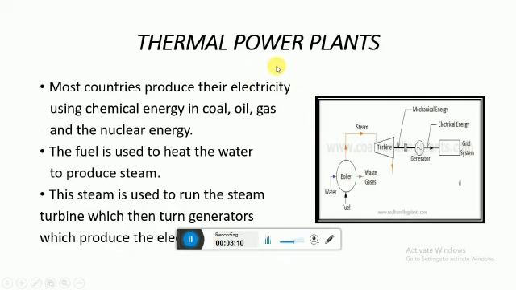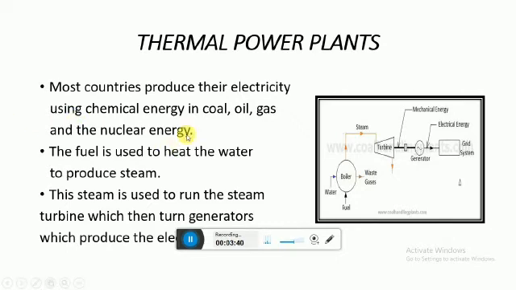Now, thermal power stations. Most countries produce their electricity using the chemical energy in coal, oil, and gas. Nuclear fuel also has energy stored in it. Through that energy we produce heat.